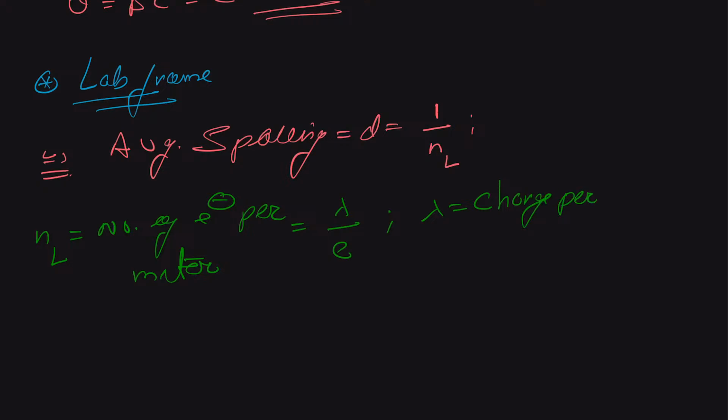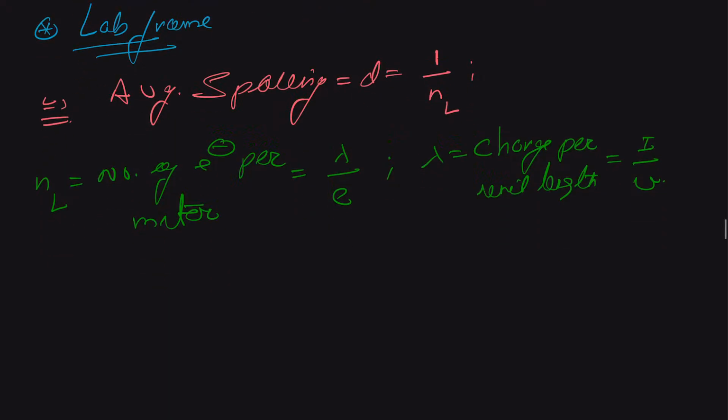This is nothing but the current divided by the velocity v. The current is given to us.